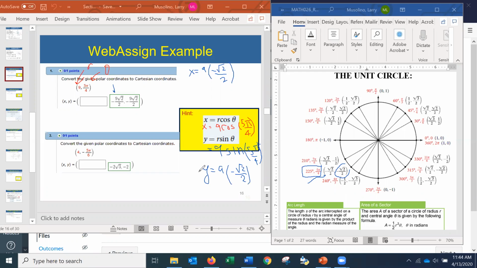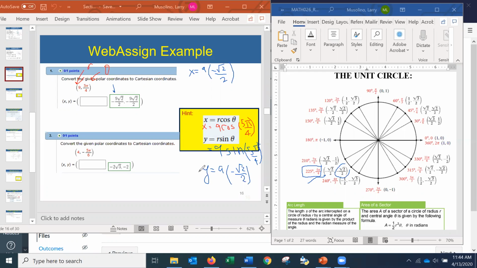And remember, folks, because WebAssign is not telling you to round to 2 decimal places or round to 3 decimal places, that's how you know to leave your answer in the form of a square root. Because if there's no rounding instructions, you would not know how many decimal places to round. So just leave your answer using square roots.